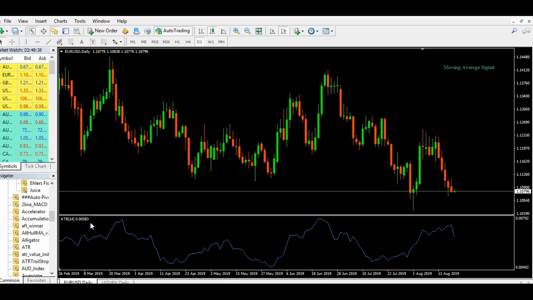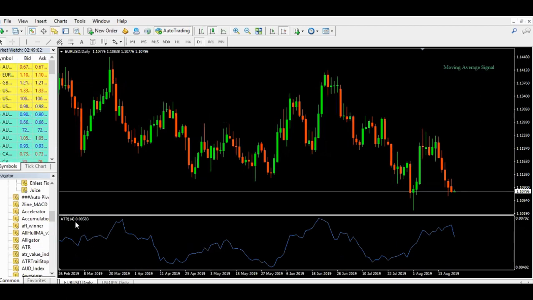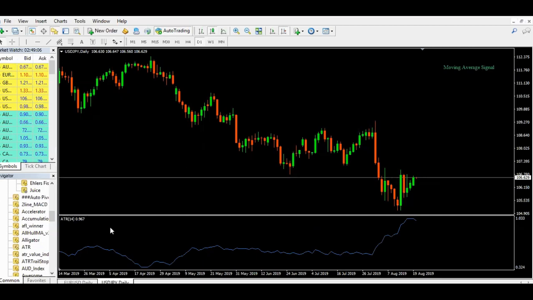Now, let's look at another pair that has JPY, that is the Japanese yen. Okay, yeah, this is the Japanese yen, USD/JPY. Then you look at it. You see the appearance of the ATR value here is quite different from what you see in EUR/USD. There, after the decimal point, we have 5 figures. But in this case, after the decimal point, we have only 3 figures.